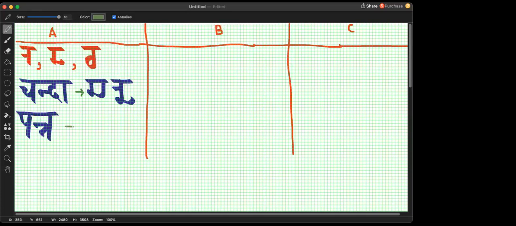So if you're writing this in Sharada, Pa will remain as it is.